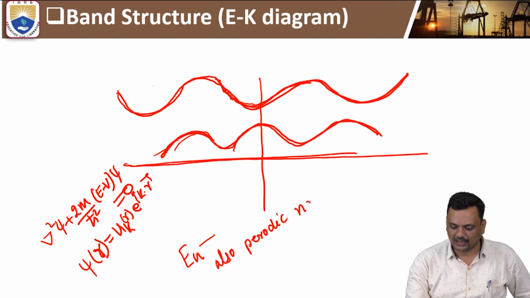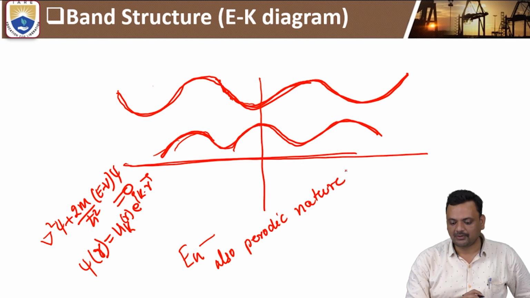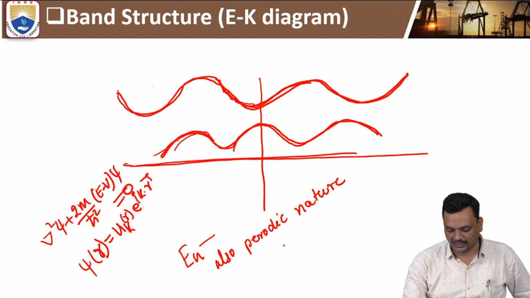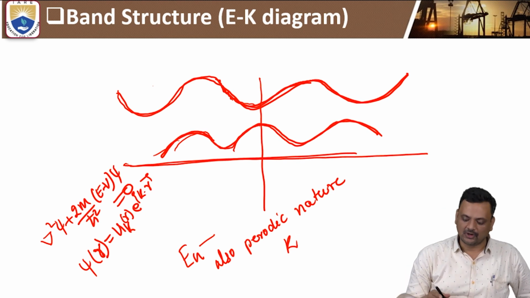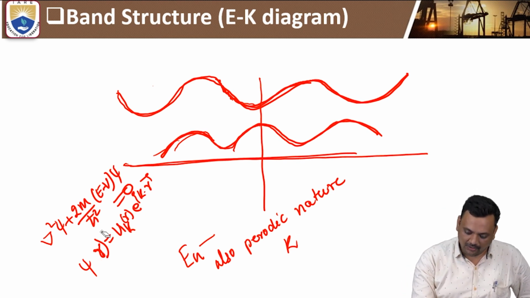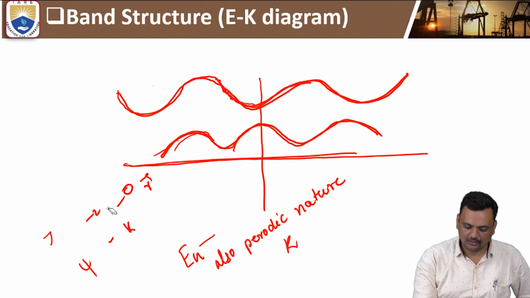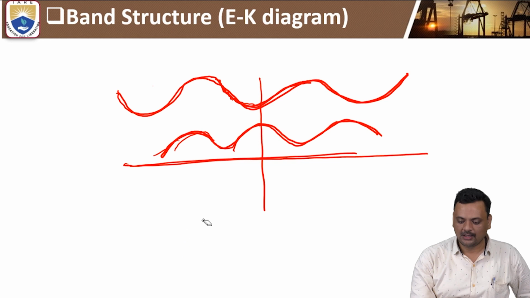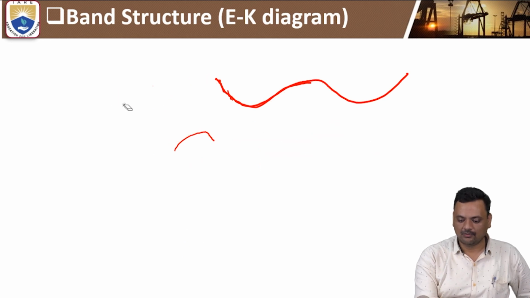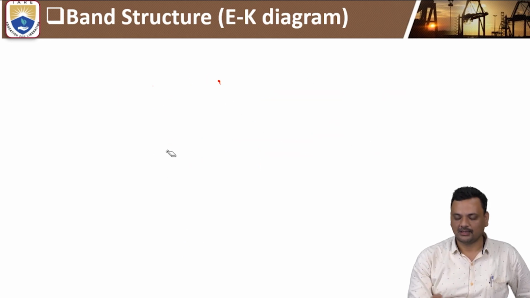Periodic in nature means, if you plot it within k, so if you plot the allowed energy eigenvalue for a one dimensional arrangement of atoms, what will you get?